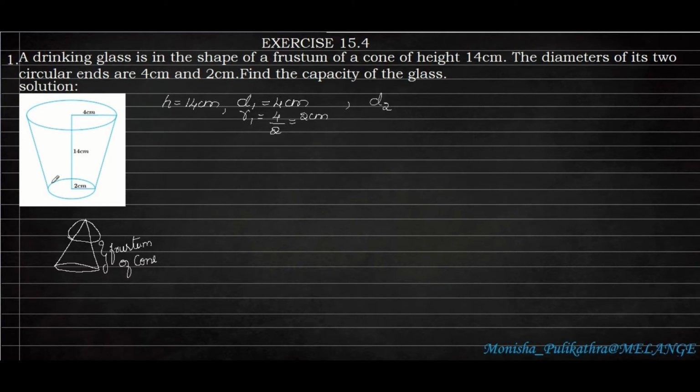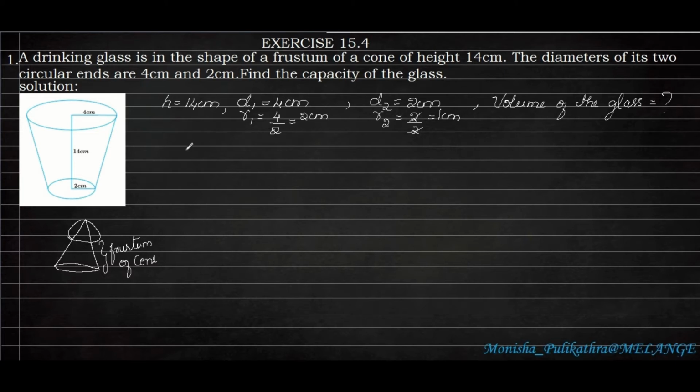Diameter 2 at the bottom part is 2 centimeter, so the radius is 2 by 2, that is 1 centimeter. These are the informations given. We need to find the capacity of the glass, which means the volume of the glass.